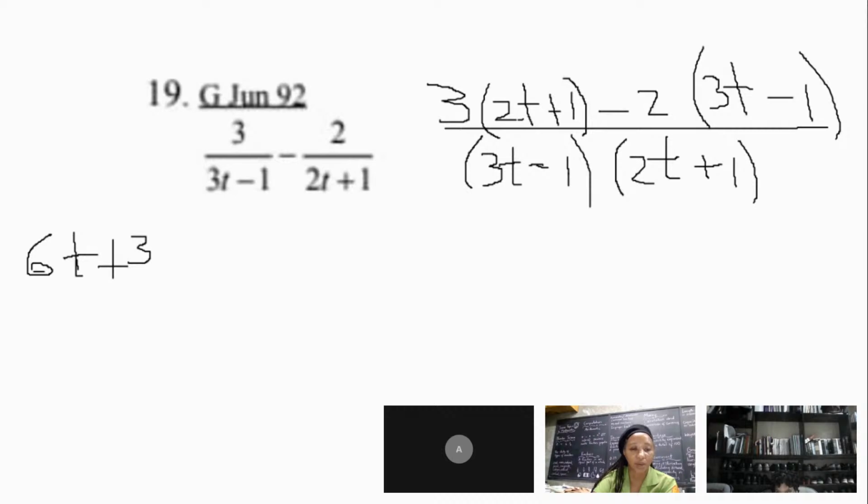All right, and what do we have after now? Okay, so 6t plus 3 minus 6t. Negative, minus 2 times 3t, yes, that's negative 6t.